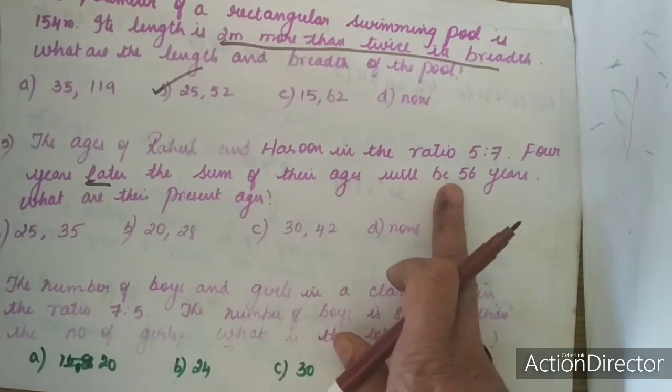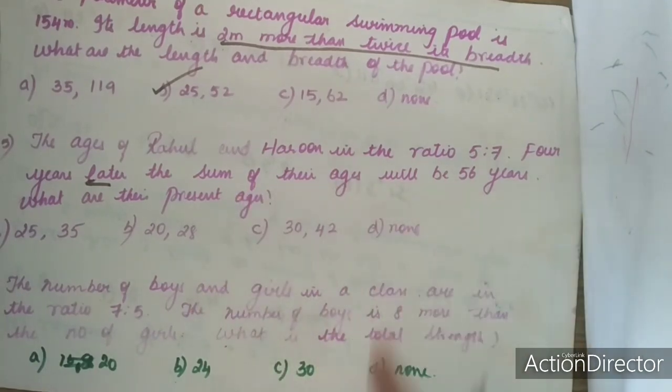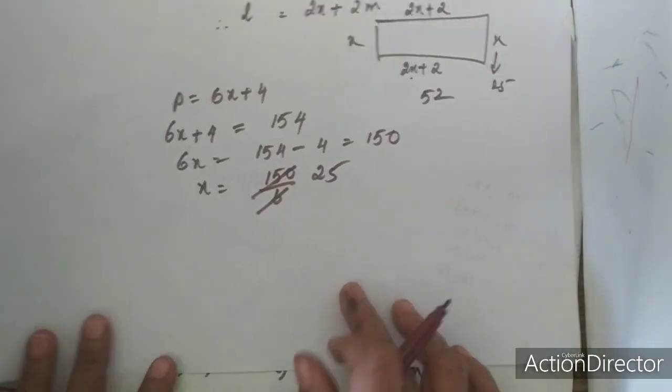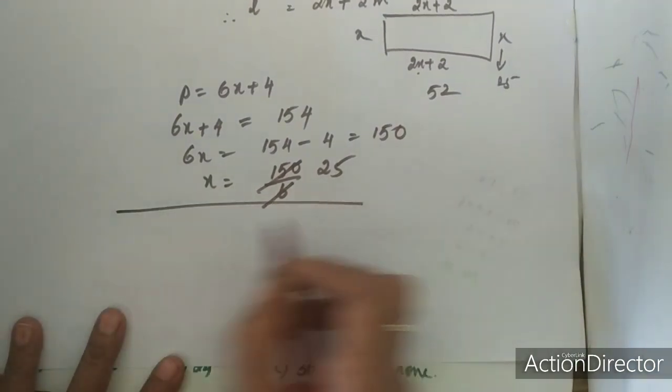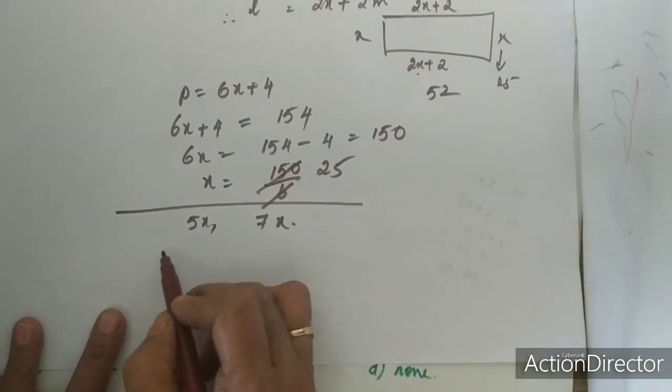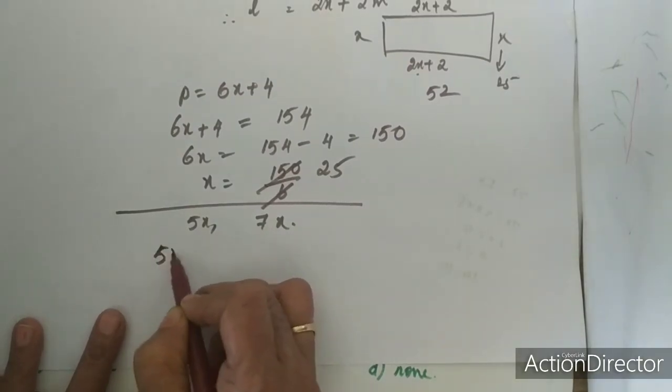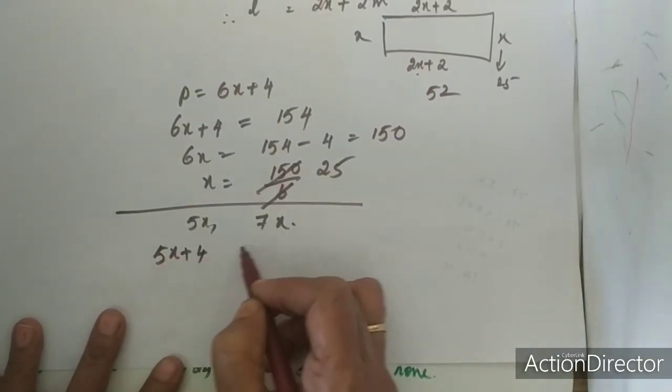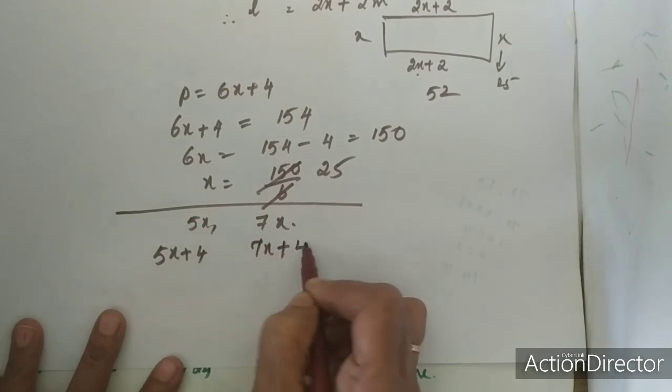And the sum of their ages is given as 56. So let us try to solve fast over here. What are the ages given? 5x and 7x. What is the age after 4 years? It is 5x plus 4 and 7x plus 4.